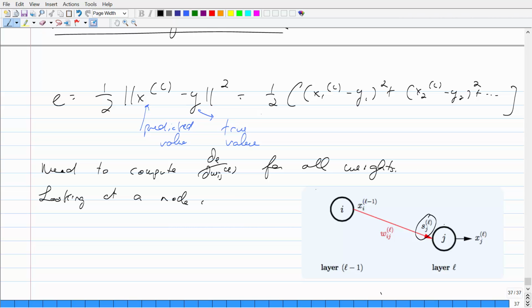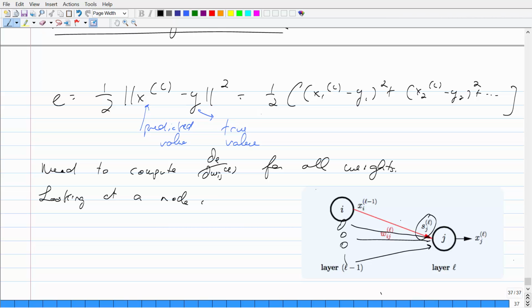Remember, all the inputs that are coming into this node, you have a whole bunch of neurons here, and they're all being submitted into this node. If you decide to change the weight, what is affected will be the inputs into this node. So that's what is being affected.